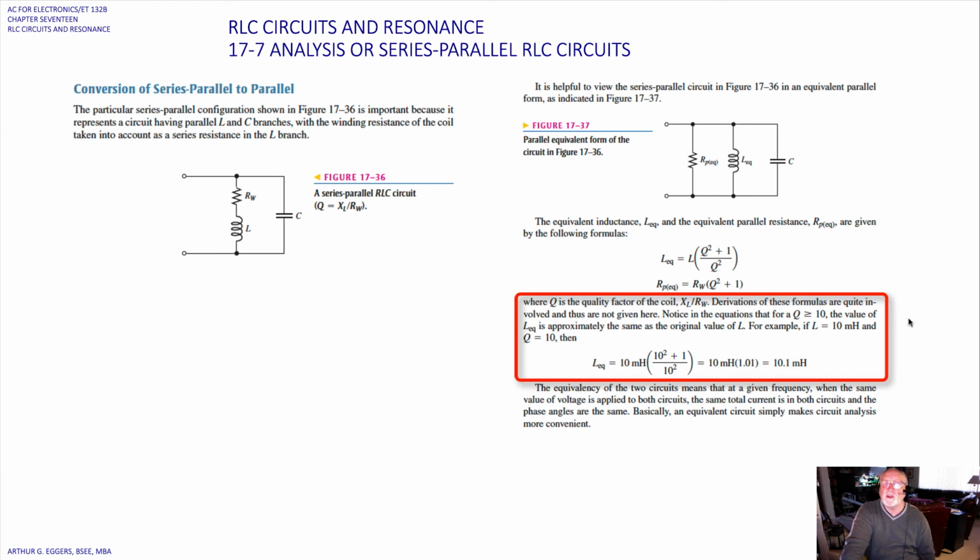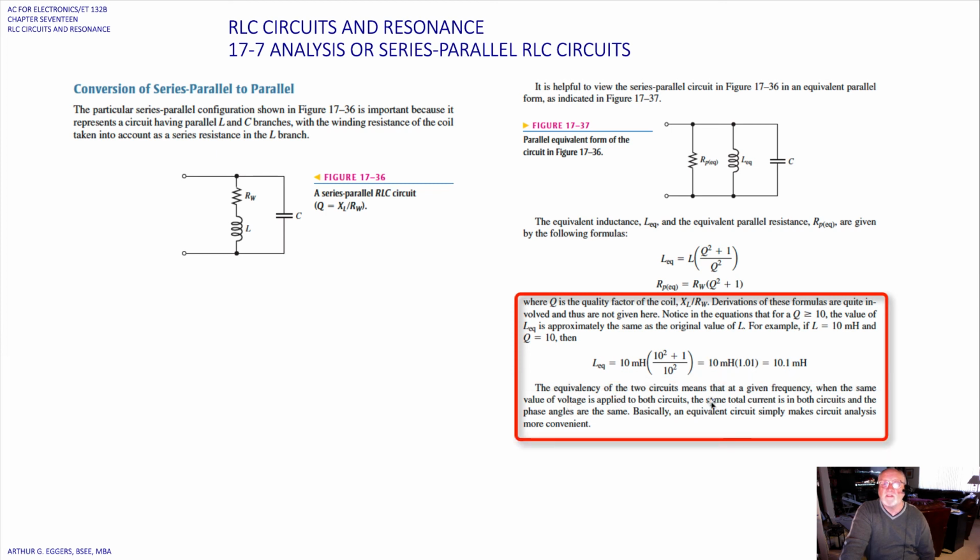Notice in the equation that for Q greater than 10, the value of L equivalent is approximately the same as the original value of L. For example, L equal to 10 millihenries, Q then is equal to 10. So they run that through the relationship, so you can see LEQ is just a tad higher than the original value.